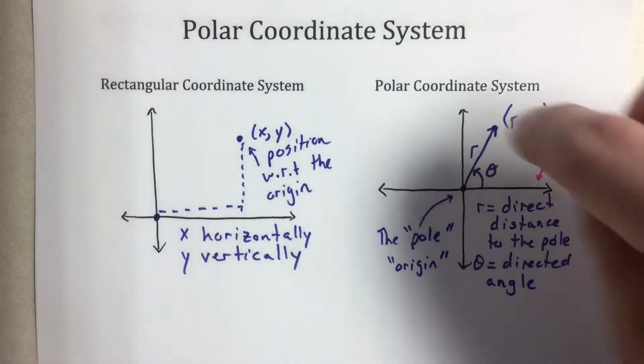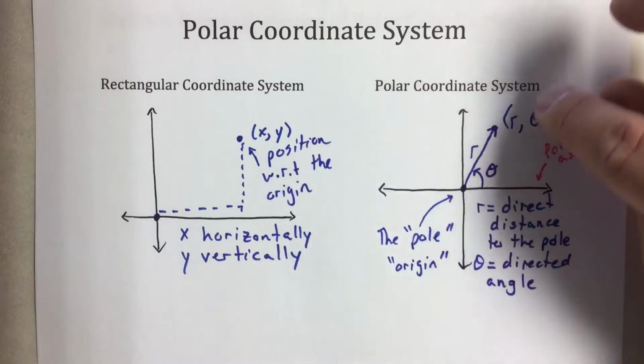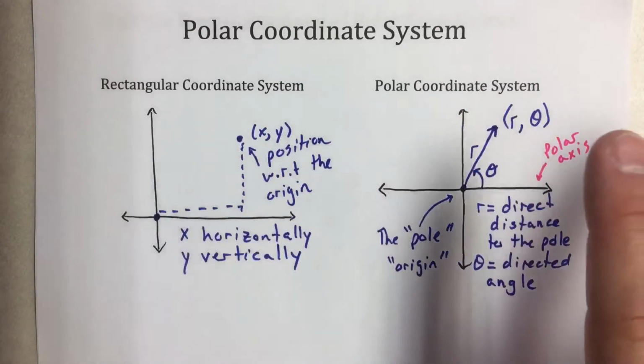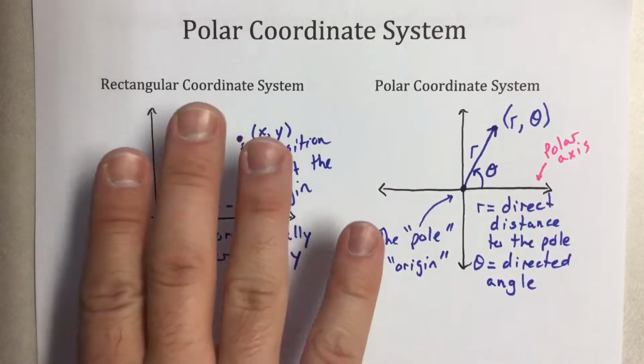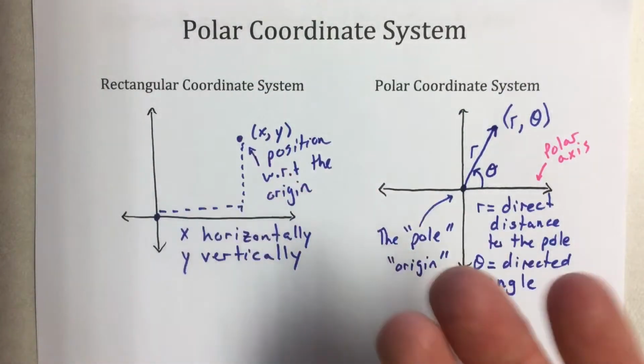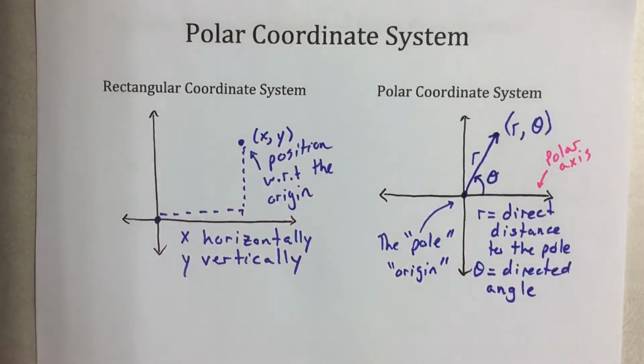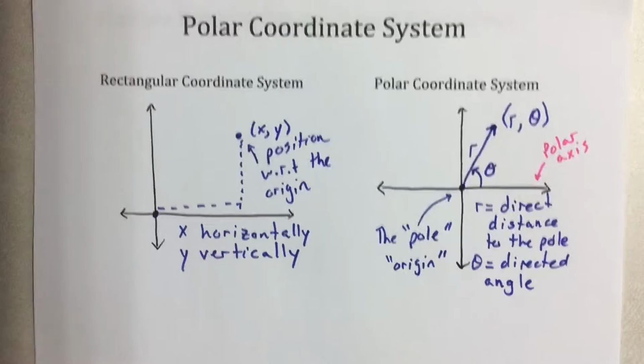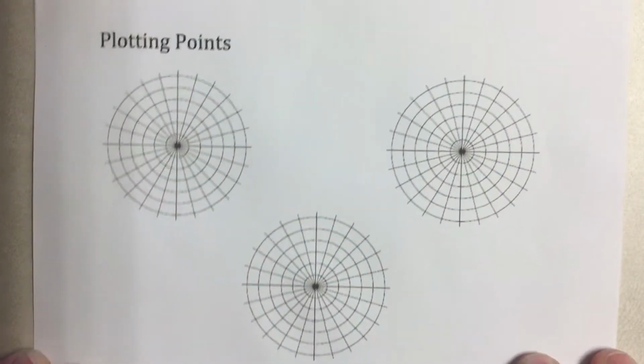I could place this r theta on top of an x and a y. So every x and y has an r and theta. We're going to learn eventually how to transition from x comma y to r theta, but that's in the upcoming lessons. All right. So let's just start by plotting some points.